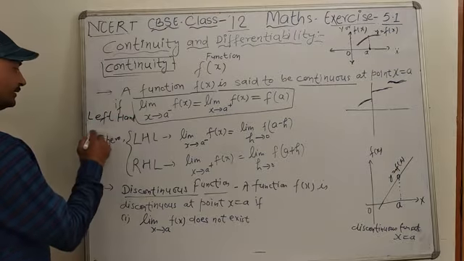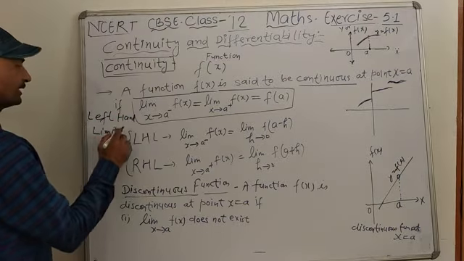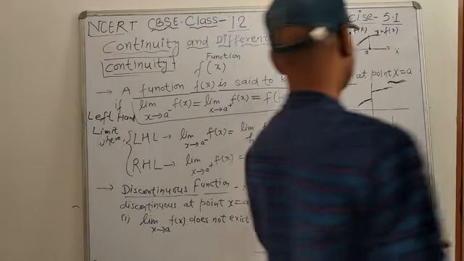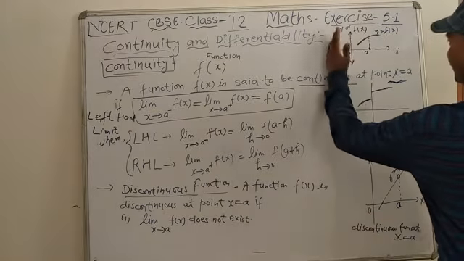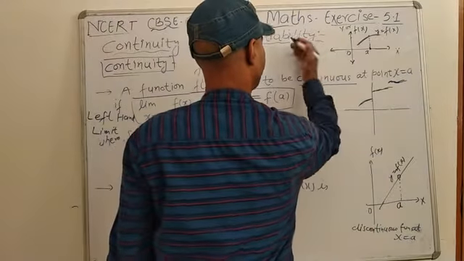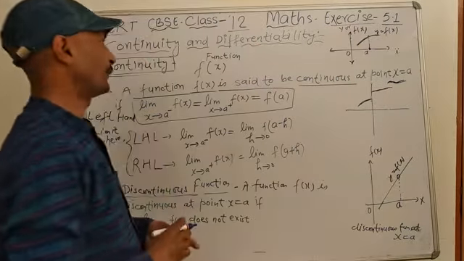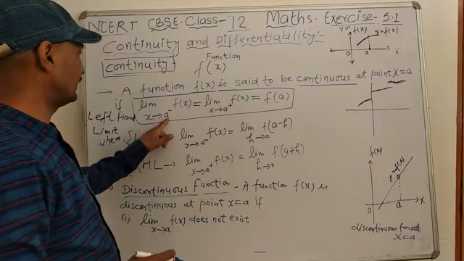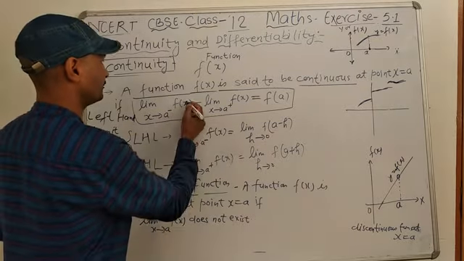Left hand limit means it approaches from the left side. It is negative because from 0, numbers on the left side are negative. So we write limit x tends to a negative of f(x).